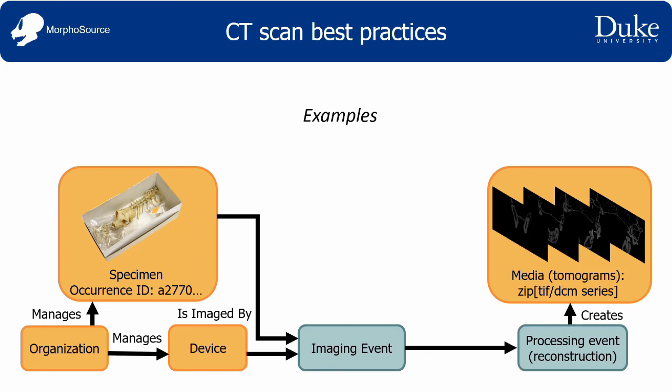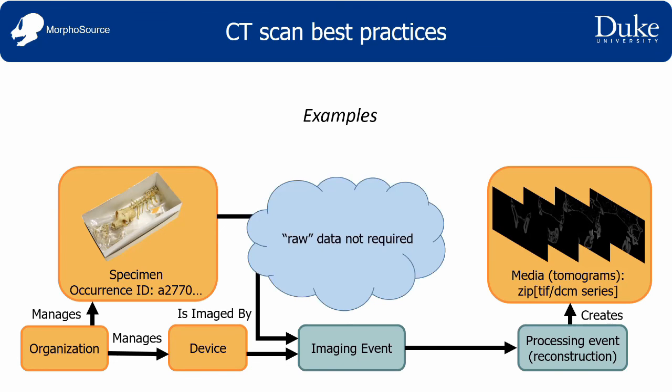In general, we would recommend skipping the upload of the projection series because it's not frequently reused and it adds a lot of storage space. People can upload it, but it's not required, and they can still describe its existence without actually uploading it.